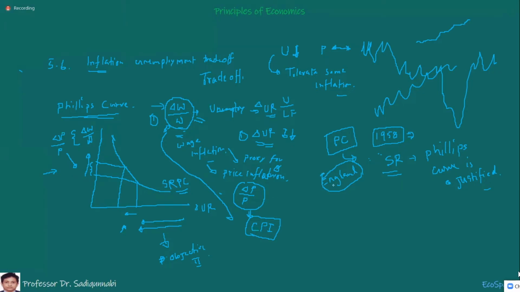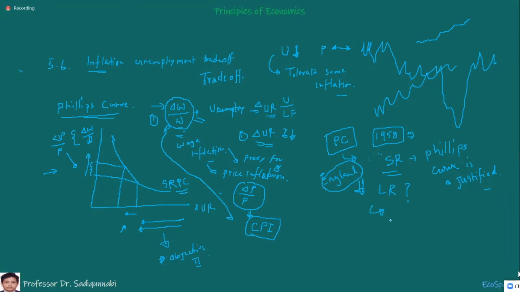At the same time, many economists tried to justify that it is also possible in the long run. So is it possible in the long run? There are many studies on many countries for long run behavior. Is it justified in the long run?